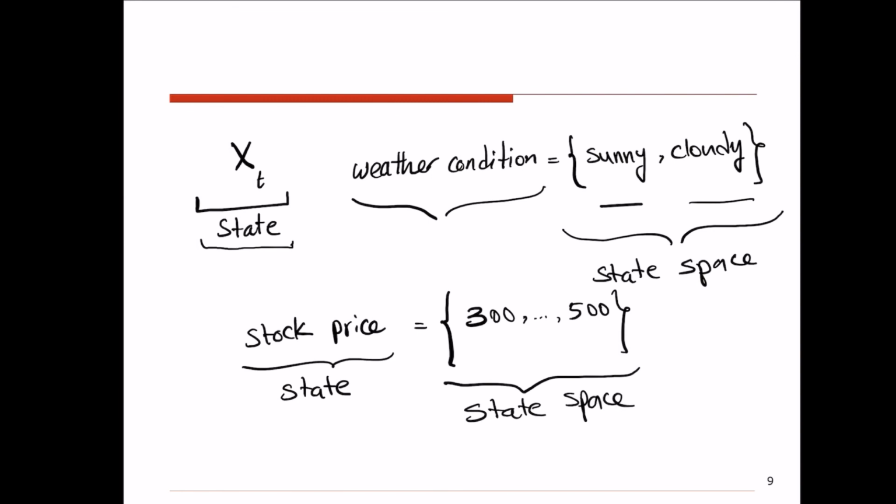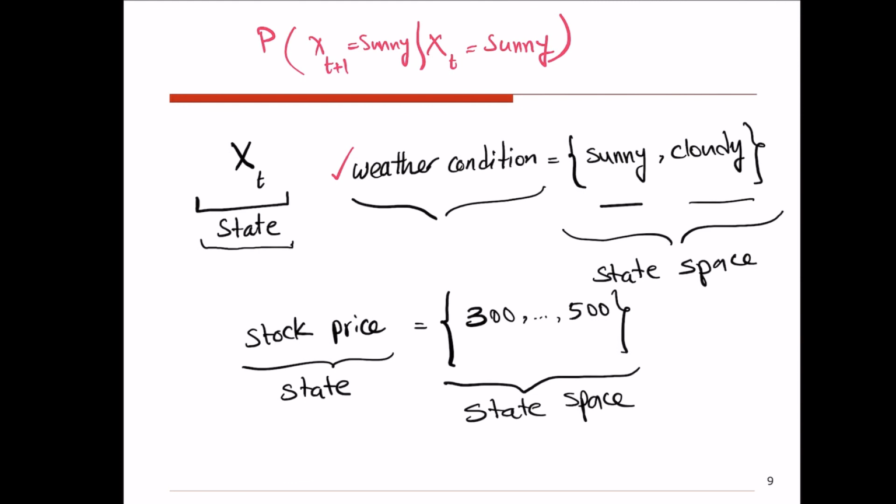Now let's assume for the weather condition example, we know that at time t, say right now, the weather is sunny. I want to see what is the chance that tomorrow at period t plus 1, the weather is sunny as well. Those are the predictions that we are interested in doing.